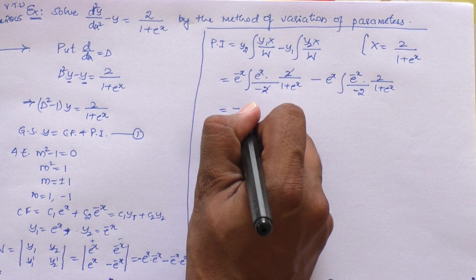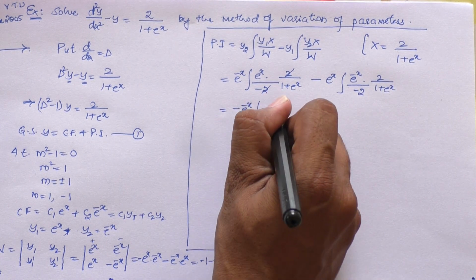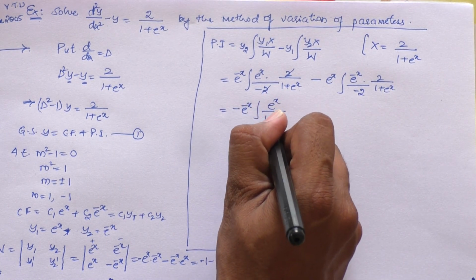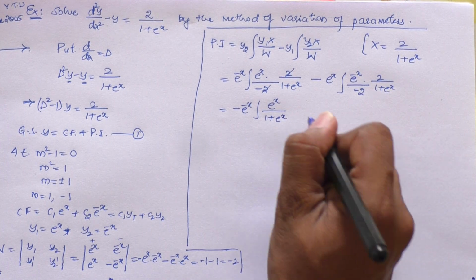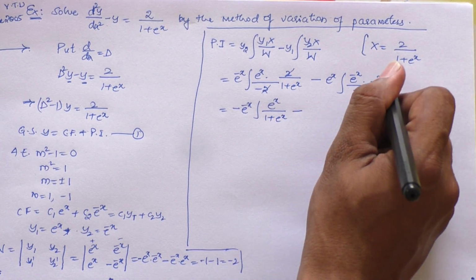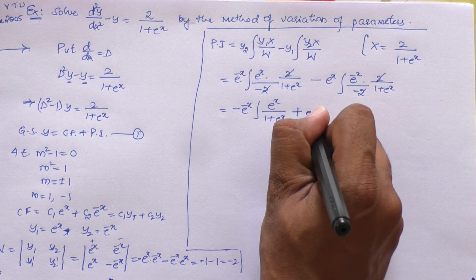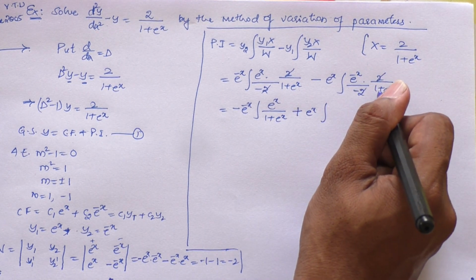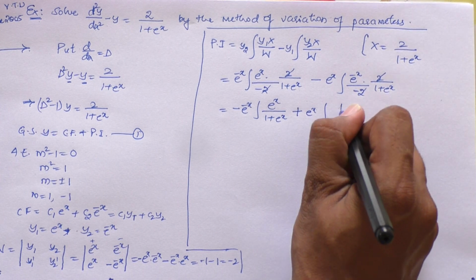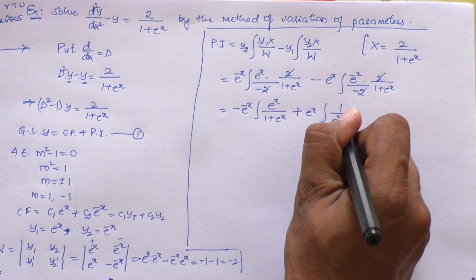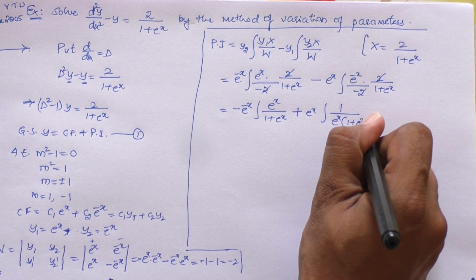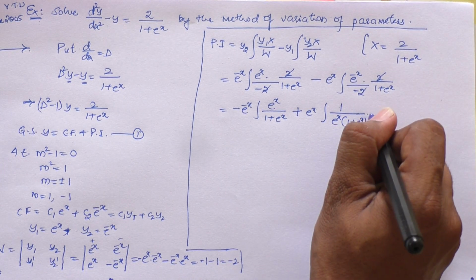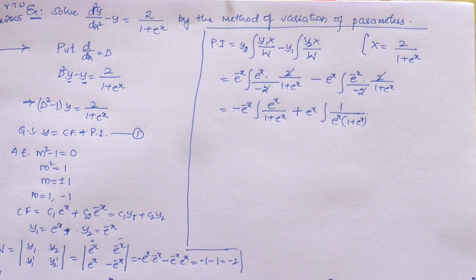So it can be written as minus e raised to minus x integration of e raised to x divided by 1 plus e raised to x. Minus, here also the 2 cancels, minus of minus gives plus, e raised to x integration of e raised to minus x divided by this. So e raised to minus x can be written as 1 by e raised to x into (1 plus e raised to x). This is what you will get.